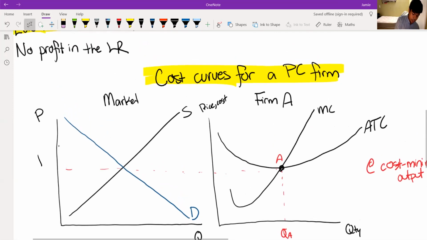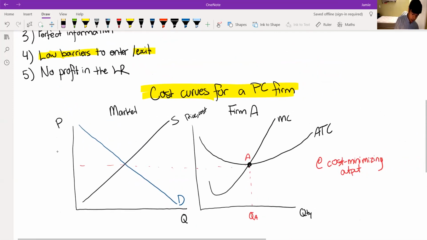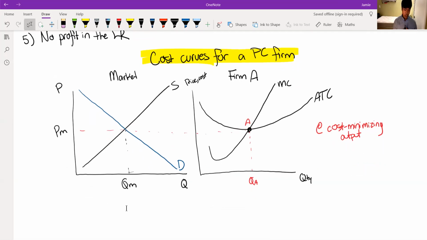So let PM, oops, let's zoom out a bit. Let PM denote the market price, and QM denote the equilibrium quantity in this market. So with that said, the market price, let's use a nice color, will be PM.